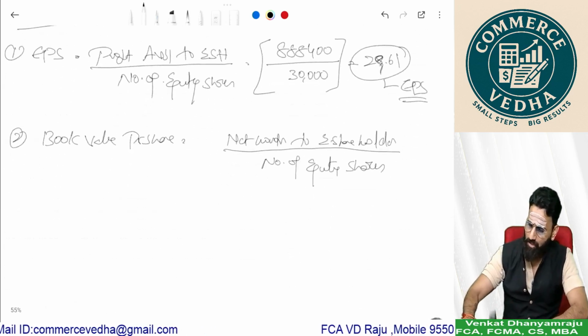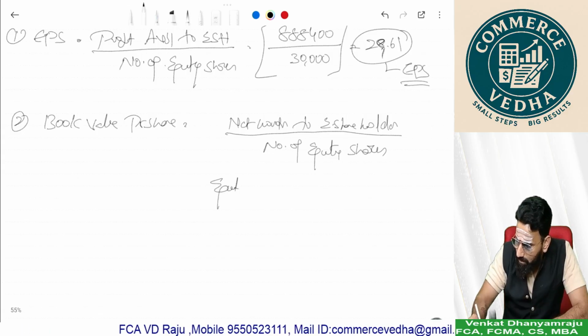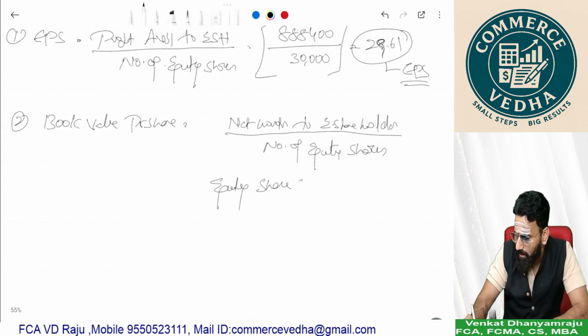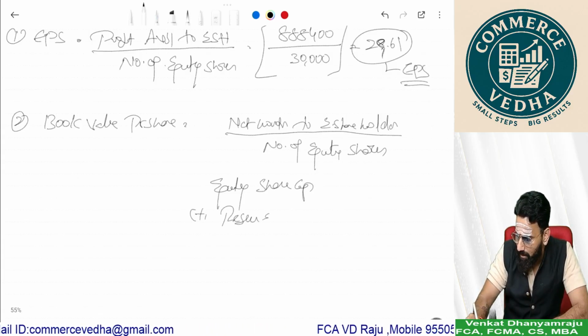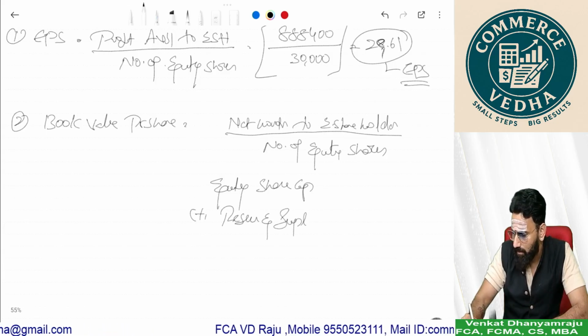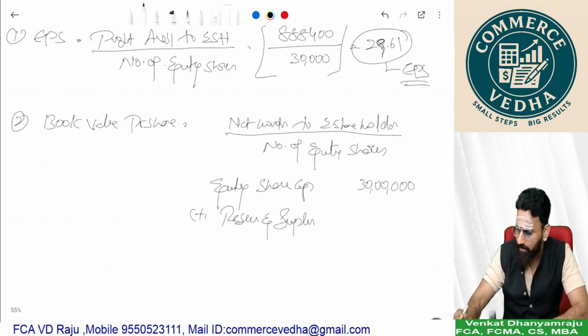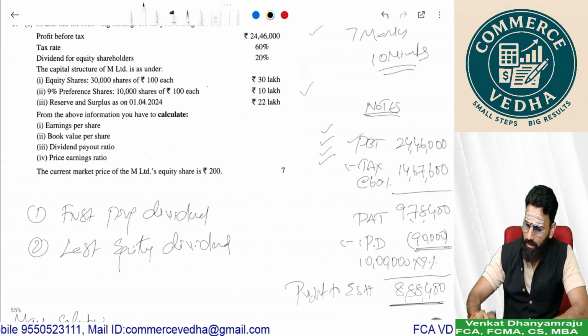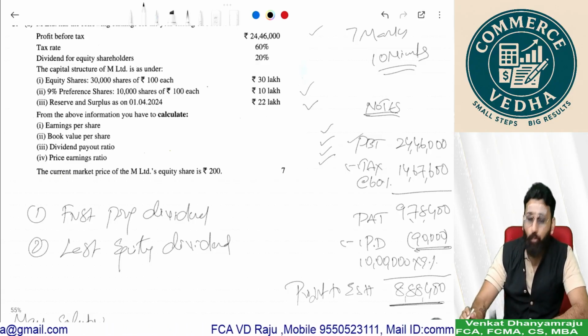It is a combination of equity share capital plus reserves and surplus. My equity share capital in the question is 30 lakhs. Let us go back and check the question. Equity share capital 30 lakhs, and opening reserves are 22 lakhs.